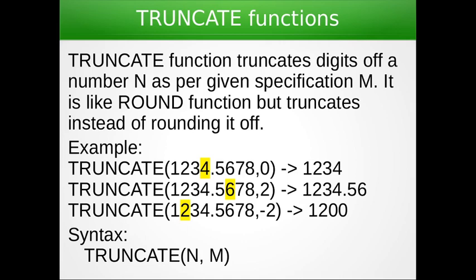The digit 2 is highlighted, right? So here you don't have to round off, simply take the digits 12 and then put 2 zeros, and you are getting 1200 in the output. Let's see the execution of it.